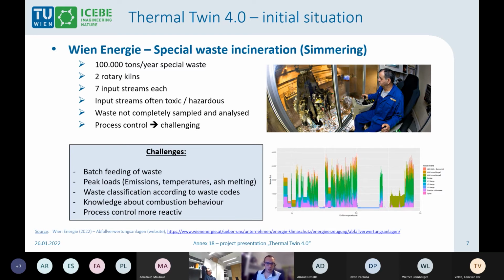Therefore, we need a lot of knowledge about the combustion behavior, about the fuel, and this is really complex when you don't know what you put in the rotary kiln, and therefore the process control is more reactive than proactive. With the digital twin, we would like to go to the proactive side.